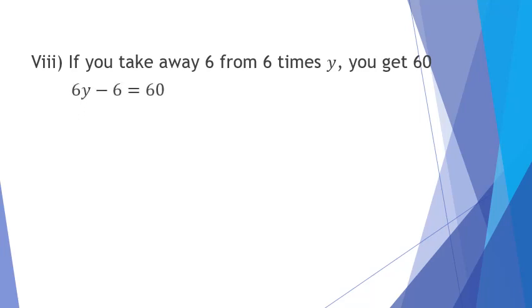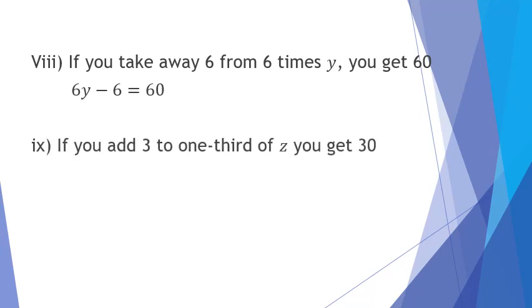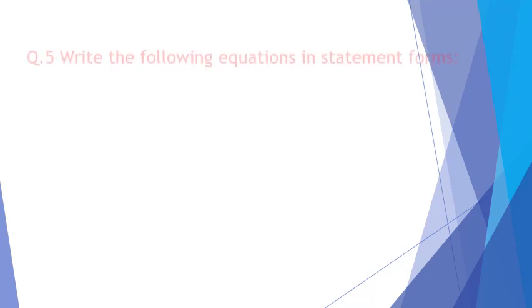That is 6y minus 6 equal to 60. Ninth question, if you add 3 to 1/3 of z, you get 30. That is z upon 3 plus 3 equal to 30.